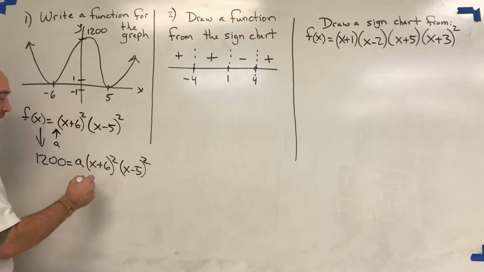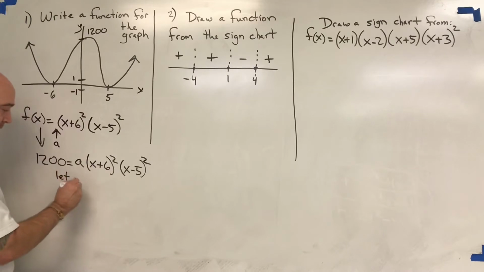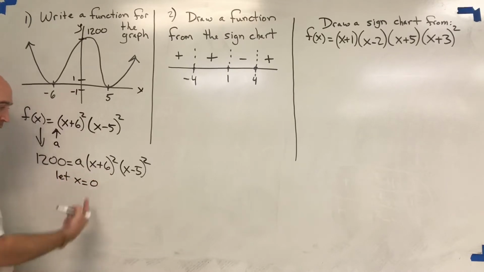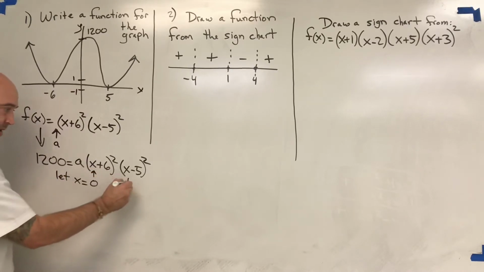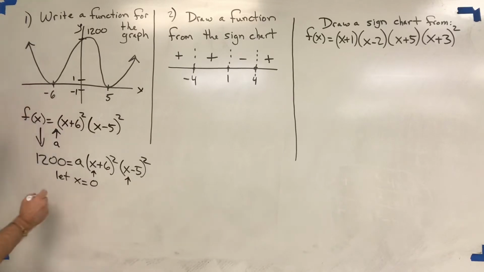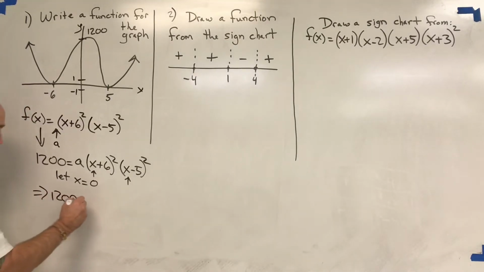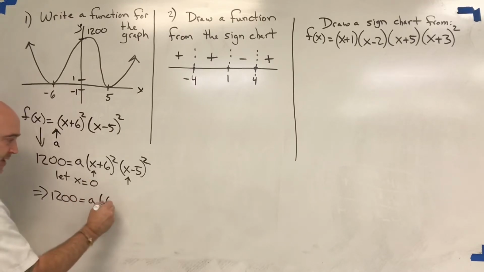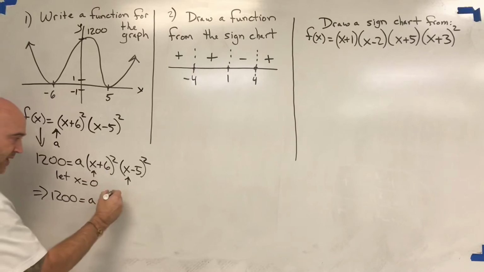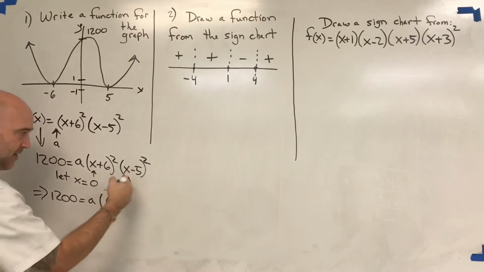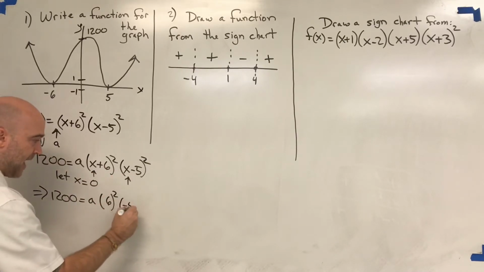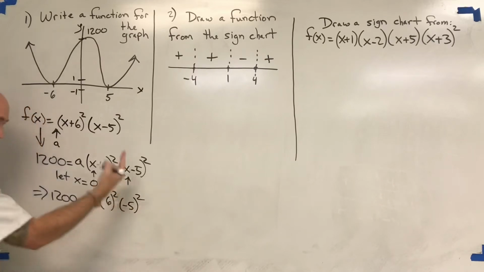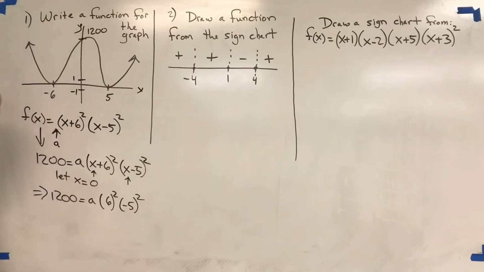So let's go ahead and let x equal 0. That's going to go in there, and then that's going to go in there for 0. So this now becomes 1200 equals a times, that's 6 now, that's all that's left, that's why I use 0. And then that's a -5. Is that zeroed out? Okay. Then we'll go ahead and simplify a little bit more.